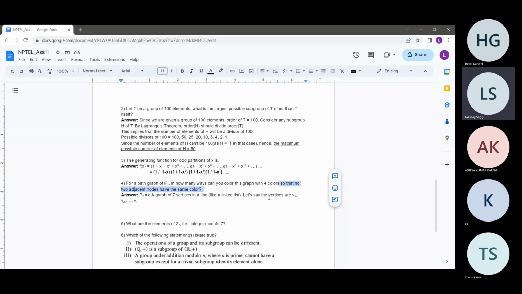It's a very straightforward question. Any two nodes can have the same color. I feel you guys can answer this easily. Can someone try to answer this in chat?